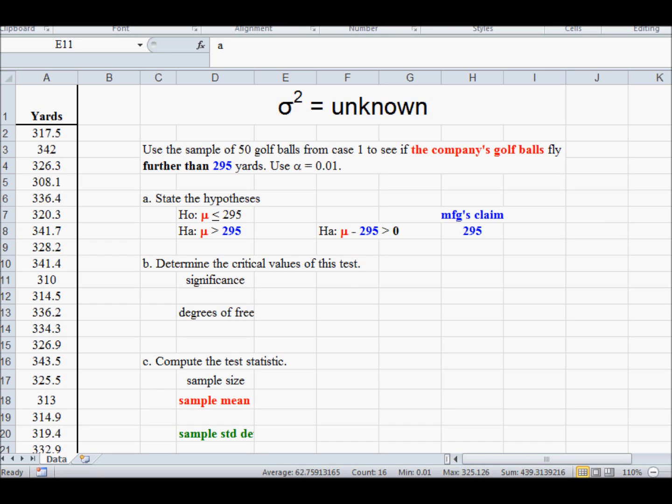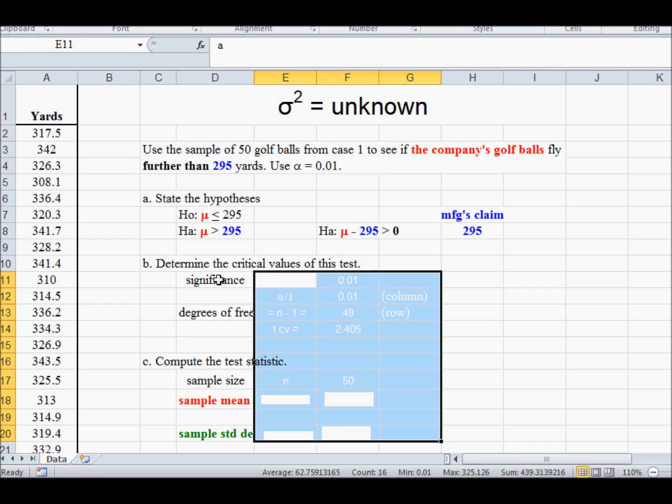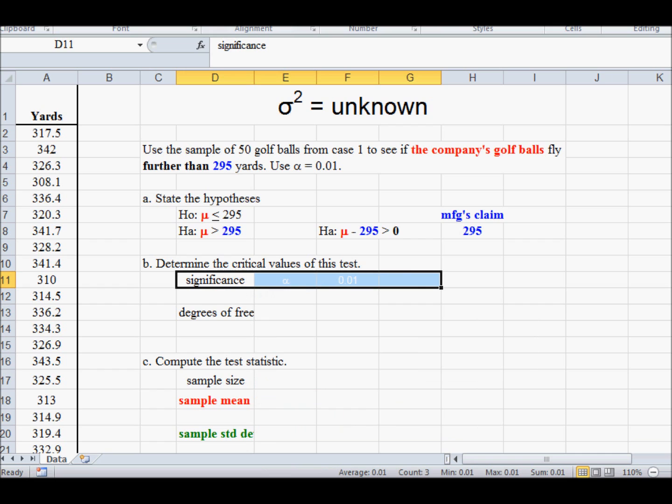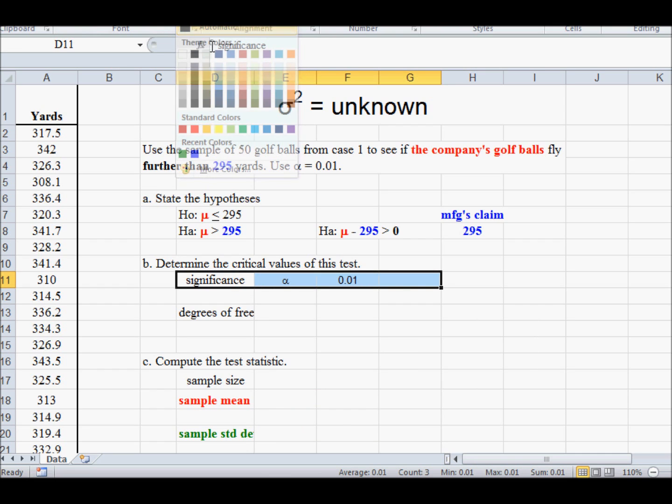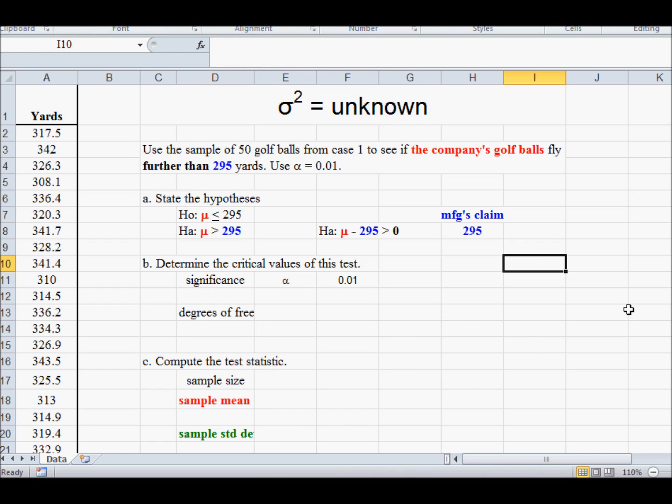In part B, we will determine the critical value of the test. The significance value is given from the problem. Alpha, significance, is 1%. Now, the alternative hypothesis, remember, tells us what kind of test it is.